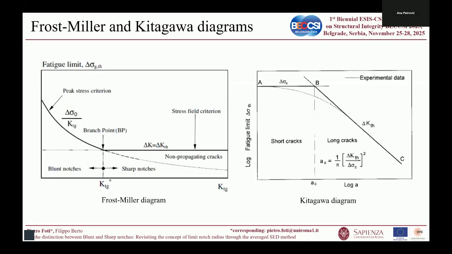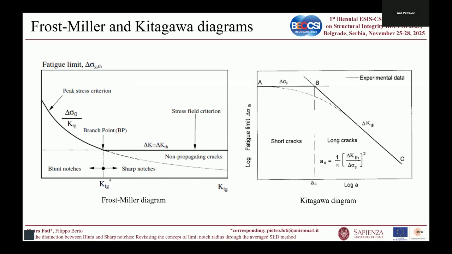Okay, first of all, let's talk about the behavior of notches. I think you are all familiar with these two diagrams that are the diagrams of Frost-Miller and the diagram from Kitagawa. Both of these diagrams highlight the presence of a branch point, one for the notches, and one for cracks.